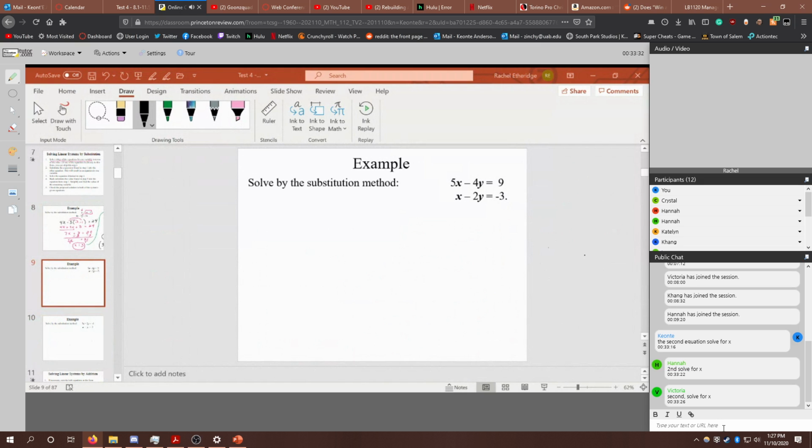The reason, because x already has a coefficient of 1. So if we could just move everything away from that x, then we would have an equation solved in terms of x. So we're going to take the second equation and solve for x.